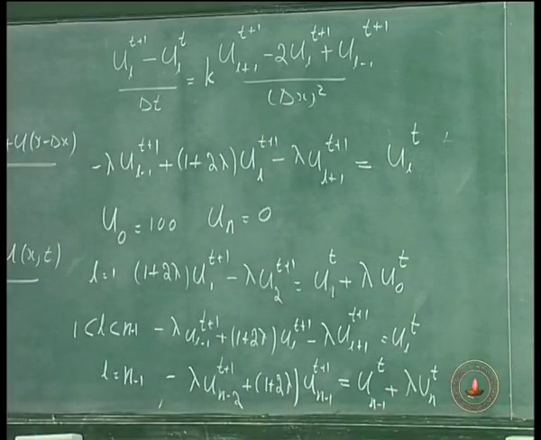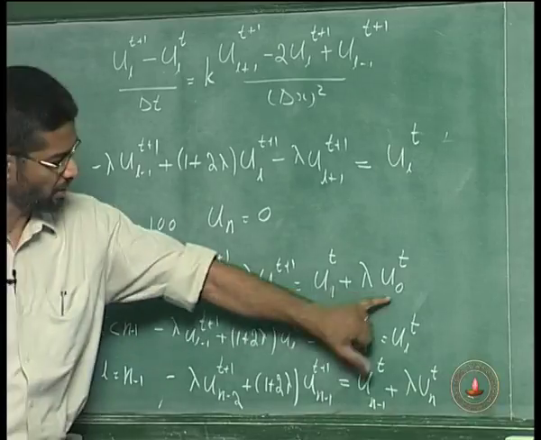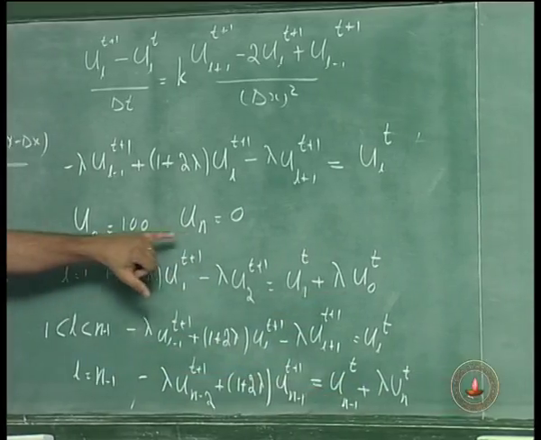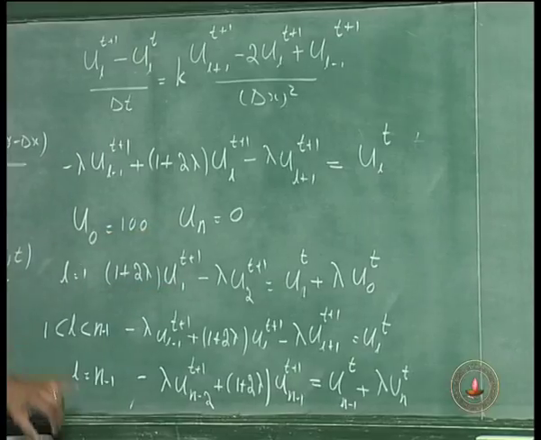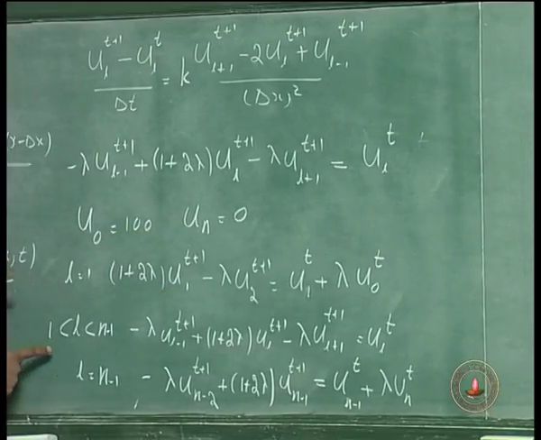Okay. So, lambda u0 and lambda u n are fixed by this. These two equations are slightly different from the other point equations.